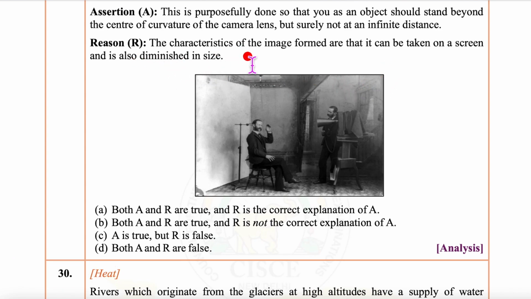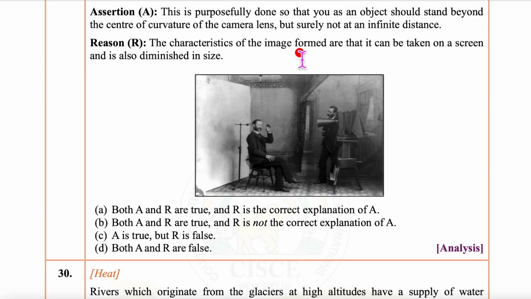The reason R: the characteristics of the image formed are that it can be taken on the screen and is also diminished in size. When you are taking the photograph, yes, you should be beyond 2f, beyond the center of curvature, where the object is going to give a diminished real image which can be taken on the screen.